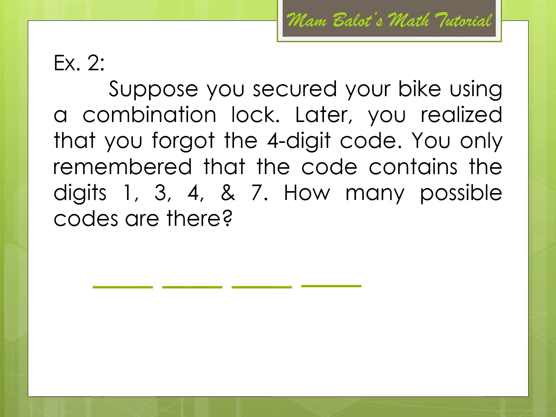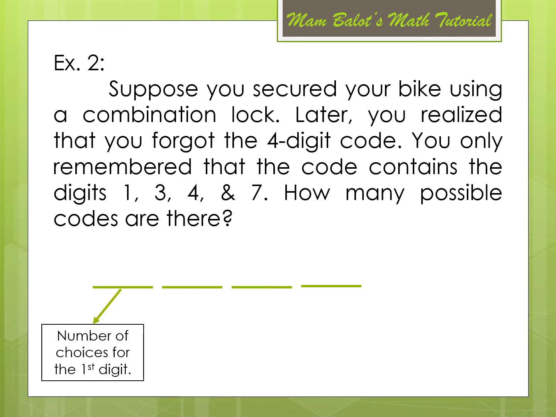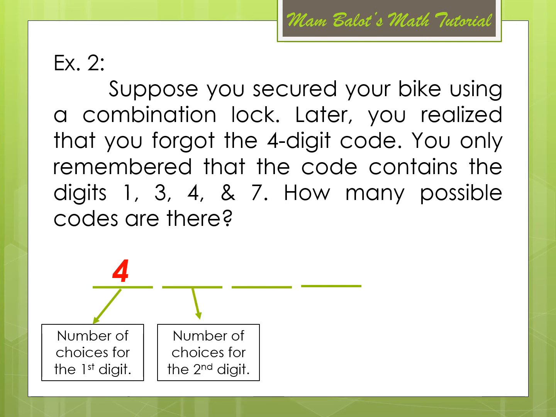We pick first the number of choices for the first digit, and that would be 4 since there are 4 digits to choose from. Then the second one would be the number of choices for the second digit. Since we already placed the first digit on the first line, the next number of choices would only be 3, because there will be 3 more digits left to choose from.